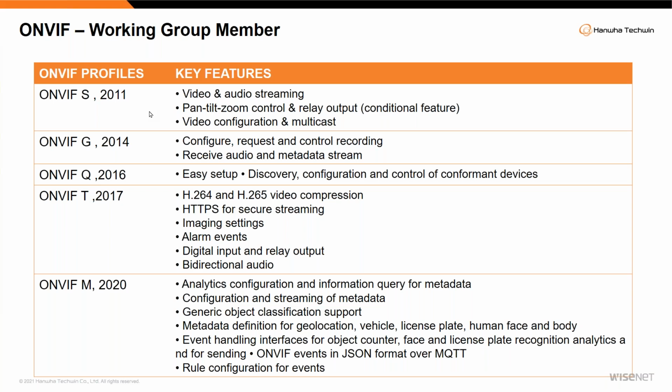If it is a PTZ camera, they should be able to control the PTZ camera. If the camera has some analytics, it should receive the analytics. So these are the functions of the camera, and the recording software or the management software should be able to control the camera and receive those events from the camera.